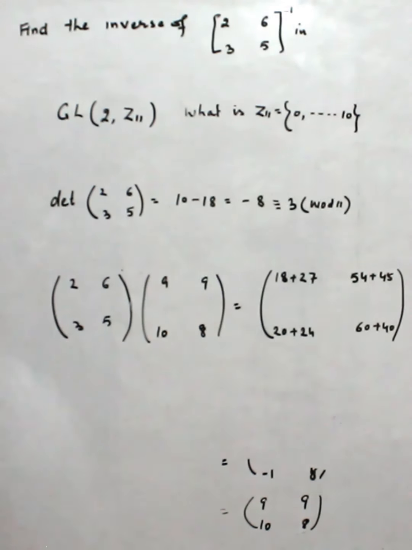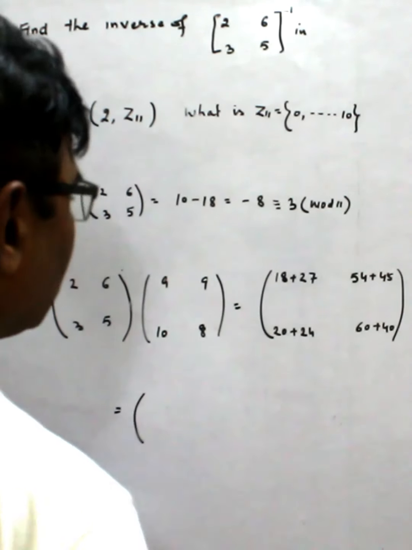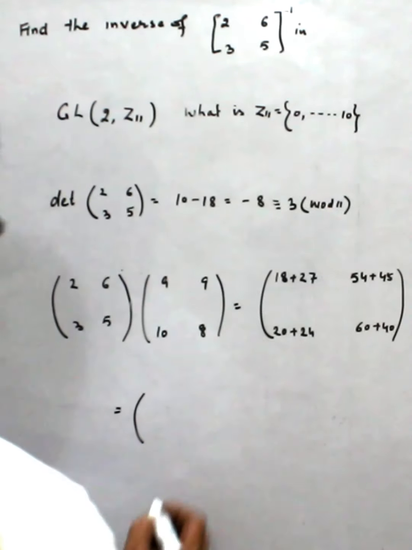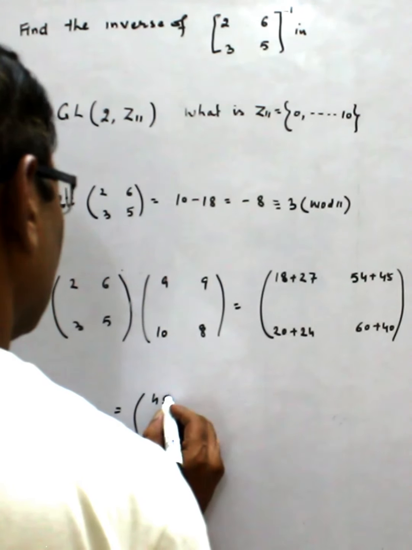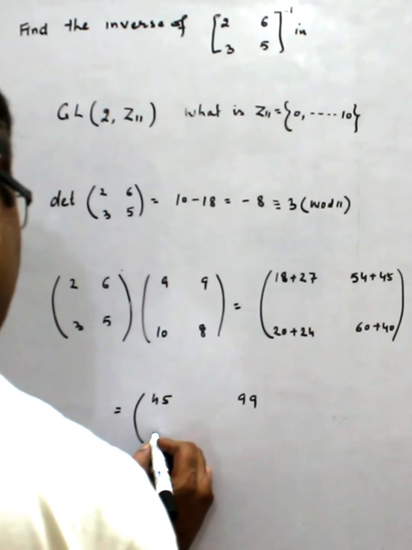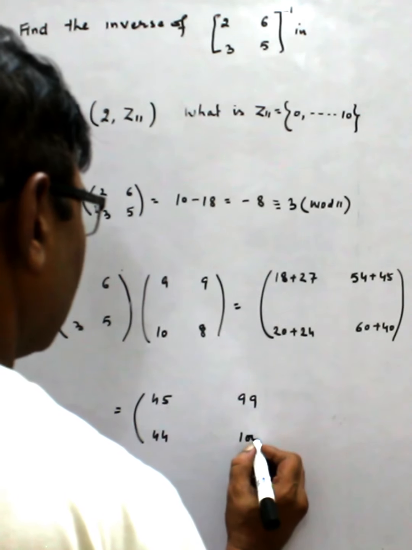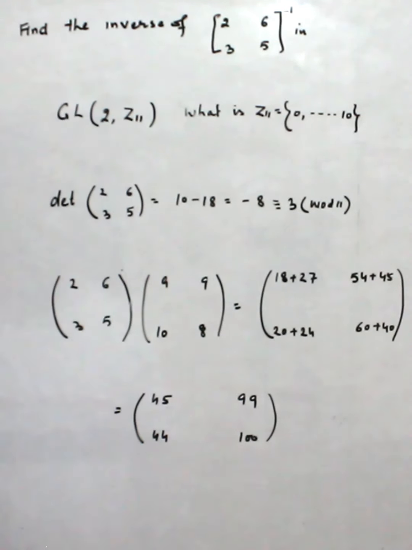Further simplifying, this becomes 45, 99, 44, and 100.